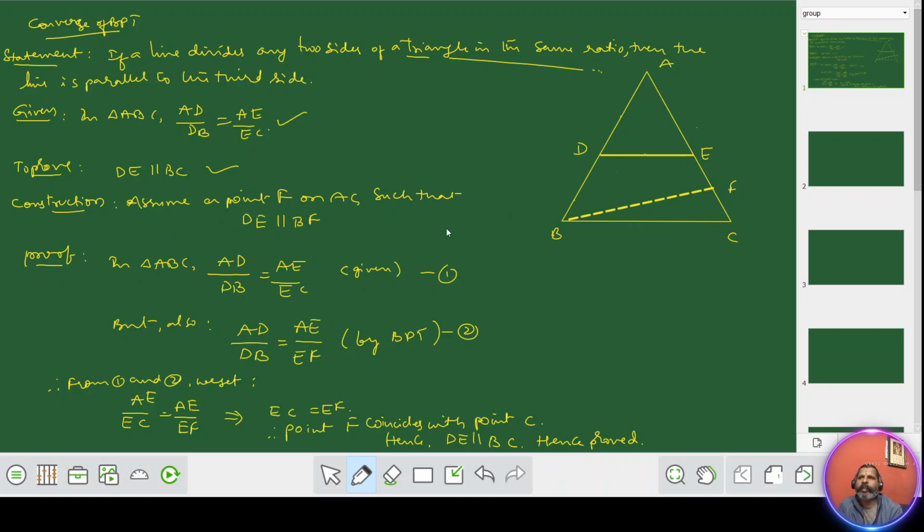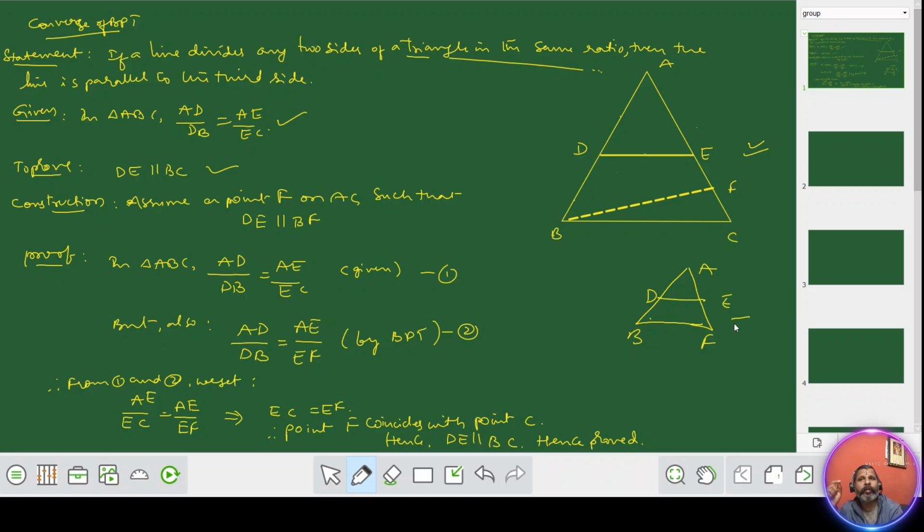We need a construction here. We'll assume a point F on AC such that DE is parallel to BF. It's an assumption, so please remember your triangle. It looks like this. Though by the original figure we can say DE is not parallel to BF, it's an assumption, and we can assume anything.